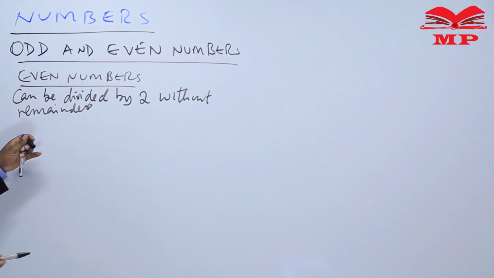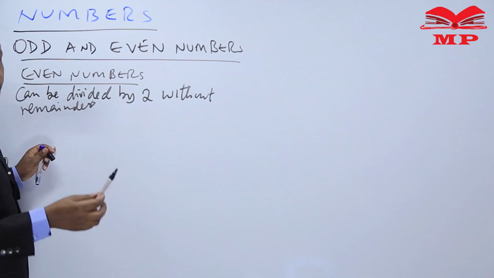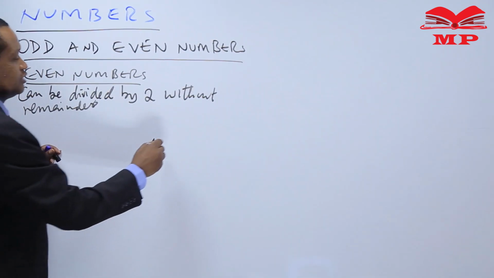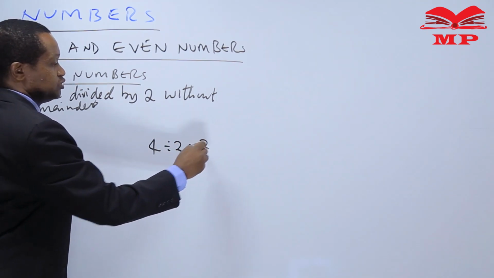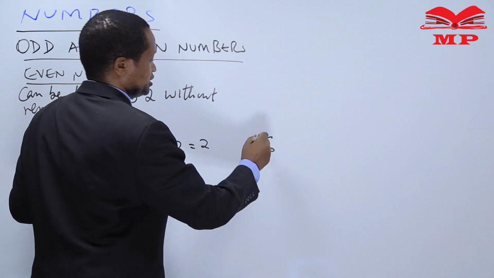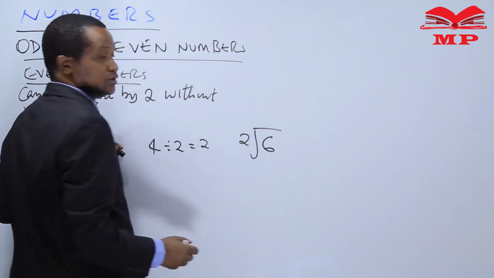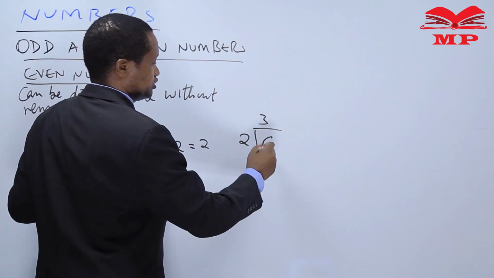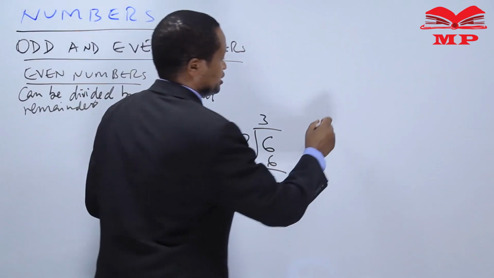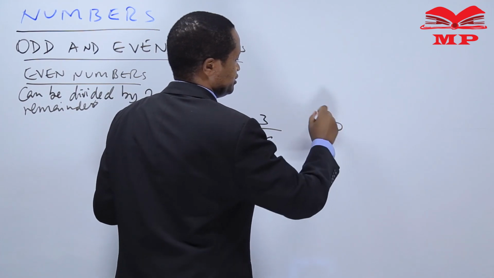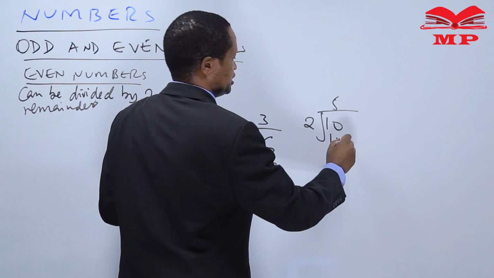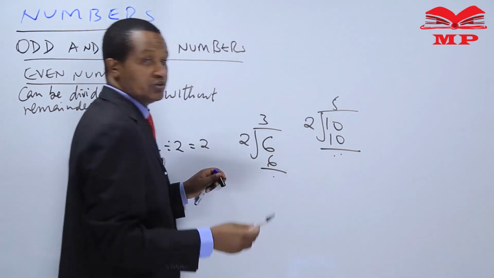A number that we can divide by 2 without any remainder, a number like 4 divided by 2 is equal to 2, there is no remainder. A number like 6 divided by 2 is equal to 3, you see here there is no remainder. A number like 10 divided by 2 will be equal to 5. 10, you see here, there is no remainder.